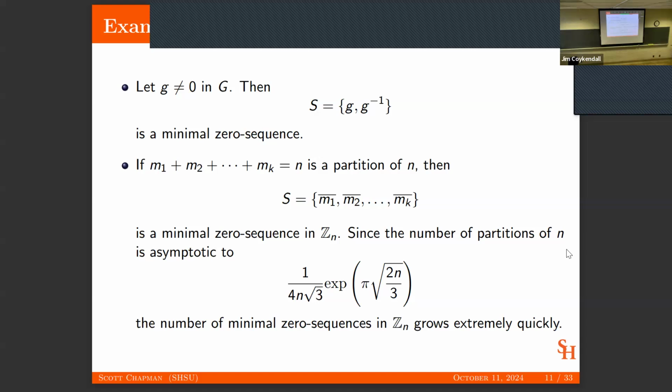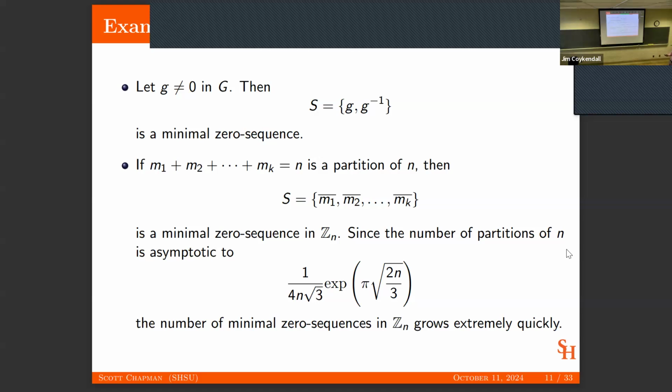Okay, it's not something you'd do without going to your computational people for help. I think early in my career, I thought maybe this is nice. Maybe there's a nice pattern as to how many minimal zero sequences there are. This is just a small piece of that puzzle, and it's not nice. So the general question isn't nice. So the number of minimal zero sequences in Z mod n, even if n is, what word do I want, a reasonable integer, is probably astronomically big.